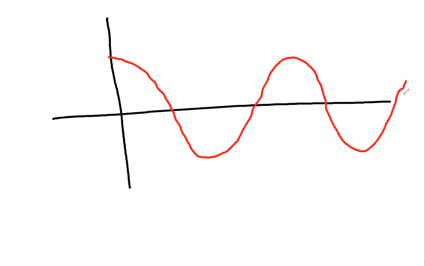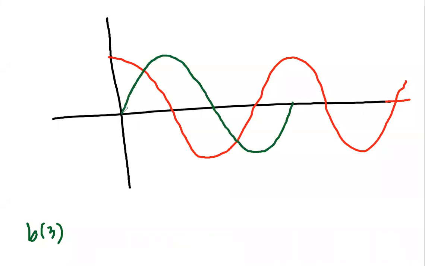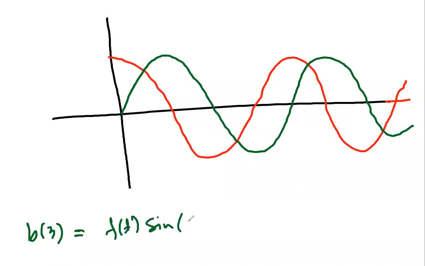Now, remember that A3 equals 1. If I draw the same thing again, this is our unknown signal. It looks like a cos signal, as we have mentioned earlier. And now we are taking a sinusoidal signal, a sine signal, with the same frequency. Our target is to find B3. What is B3? B3 is nothing but the integral of f(t) sin(2π·3t) dt, from minus infinity to plus infinity.